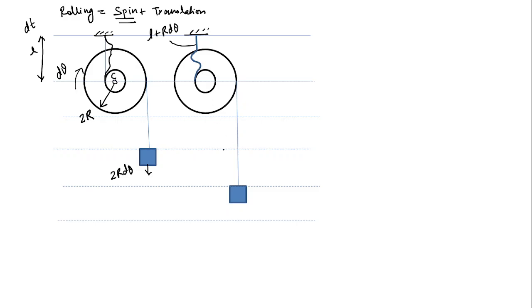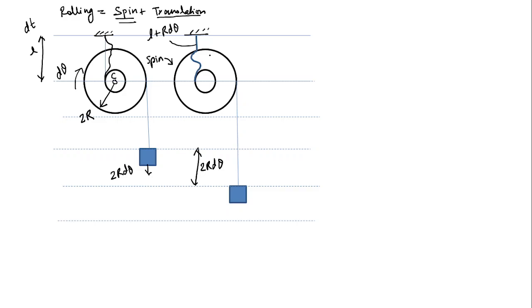Okay, and as we see, this distance is nothing but 2r d theta. So the spin part is now covered. Now spin is done. Now we will take care of the translation.